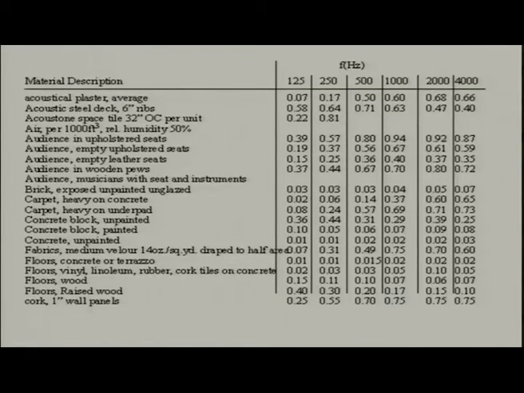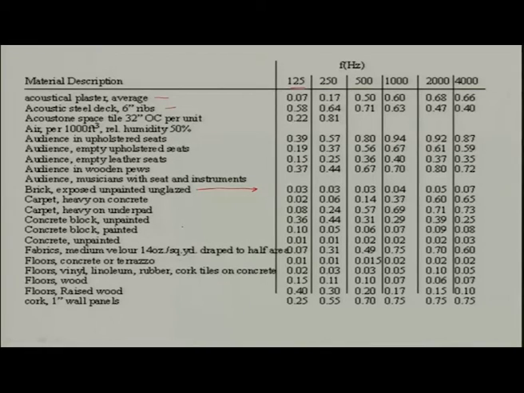So, what you see is we will look at couple of things. So, what you see here are different materials. So, first one material is acoustic plaster, then acoustic steel deck, but there are even common materials, bricks. Suppose you have a brick wall and you strike it with 125 hertz, the sound energy in this band 125 hertz band, suppose you strike it with that, then about 3% of that energy gets absorbed and the remaining gets reflected.